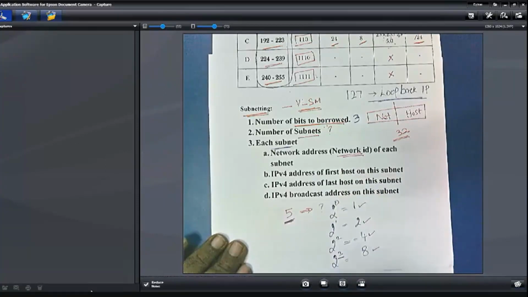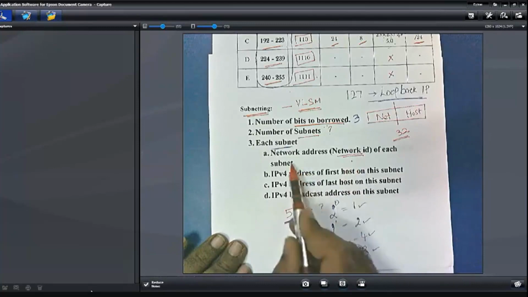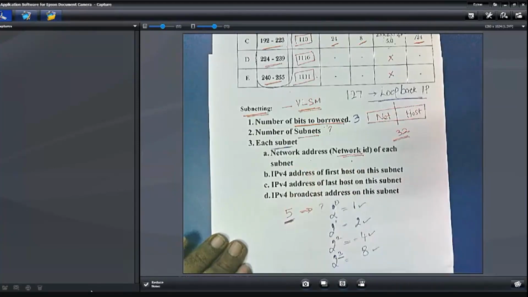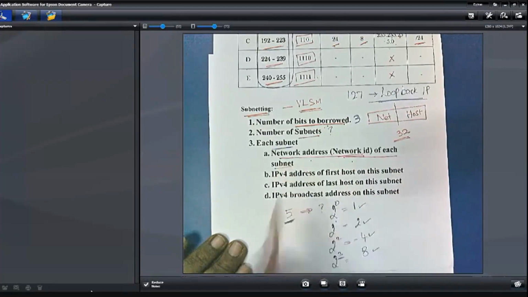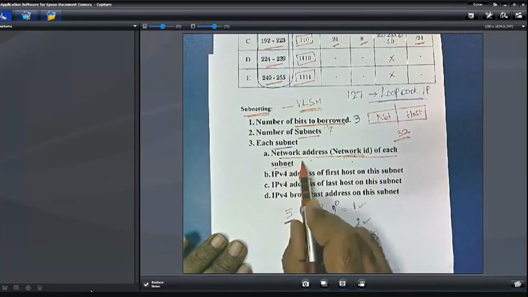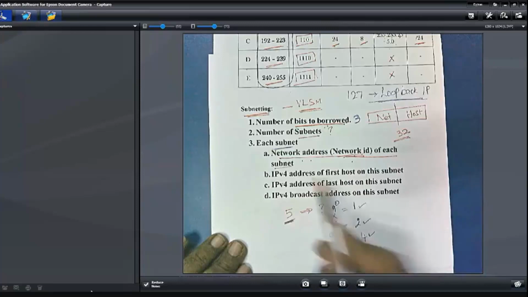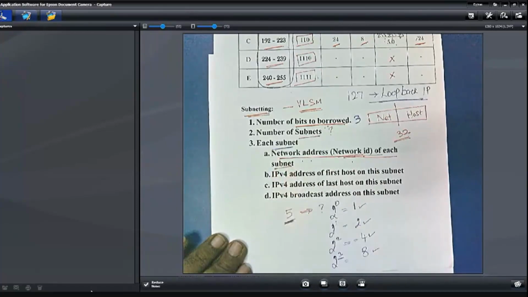Some people may say network ID, some people may say network address. Both are the same. Network address or network ID for each subnet. In our examples, we use the word network ID. So you have to find the network address for each subnet.